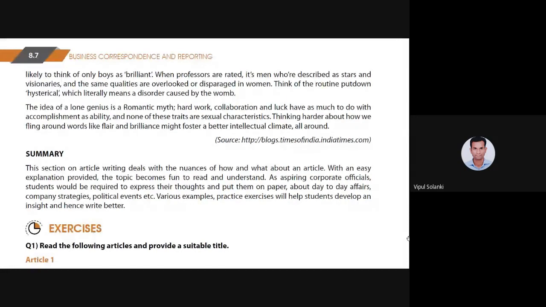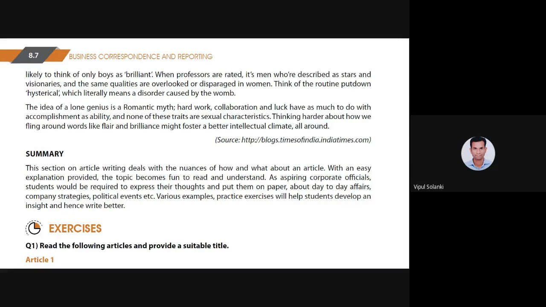All right. The idea of a lone genius is a romantic myth. See how this paragraph is concluded. This idea of a lone genius, that only boys can be genius, is a romantic myth.